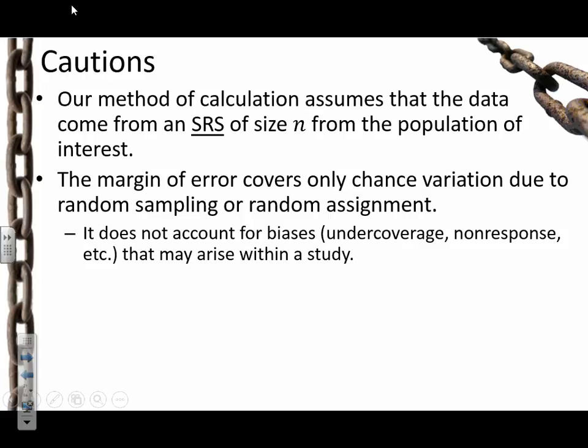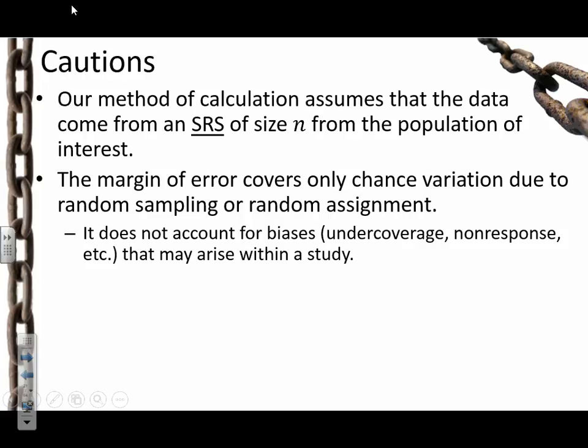Okay? Now, that margin of error only covers chance variation due to random sampling. Every time we take a random sample, remember, we get new information. If I went out and collected one random sample, and then I have one of you go out and collect a random sample, and then another person go out and collect a random sample, we're all going to come back probably with different values, which means we're all going to come up with different intervals. So the intervals, that margin of error, accounts for that random sampling error.